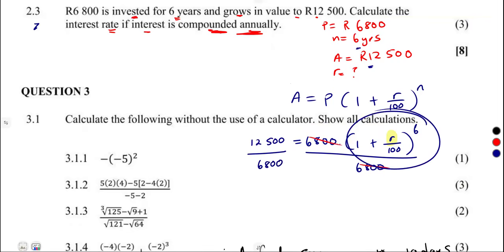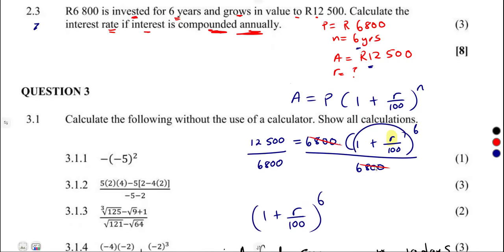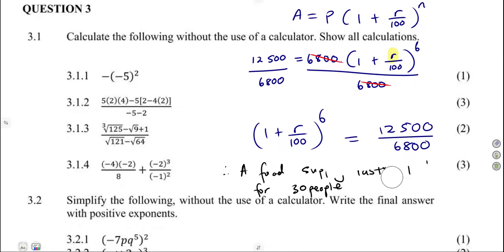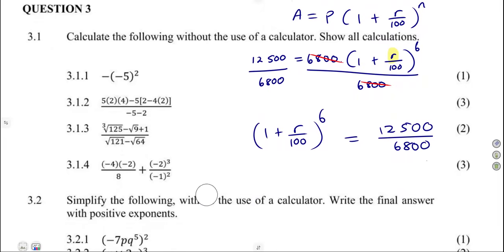So you have 1 plus R over 100 in the bracket, raised to the exponent of 6, which is equal to this. I'm just rewriting this way. I haven't changed anything. You can reduce these, or you can just leave it as it is. It is not a problem at all.